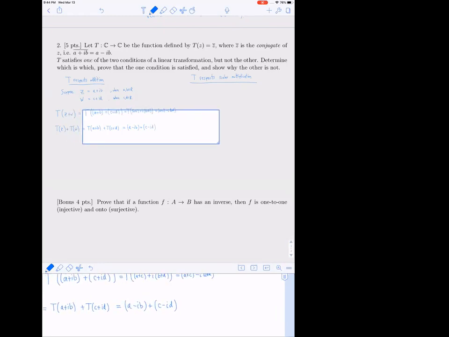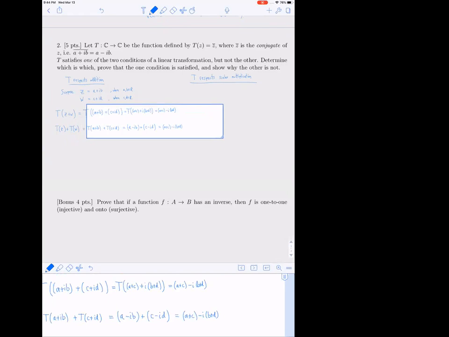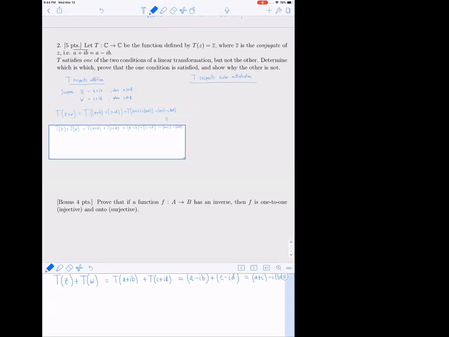And with just a tiny bit of algebraic rearrangement, we can see that this is the same as a plus c minus i times b plus d, factoring out a negative sign. And so yes, in fact, these are the same. T does preserve, or respect, addition.